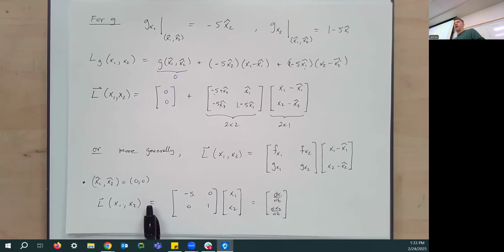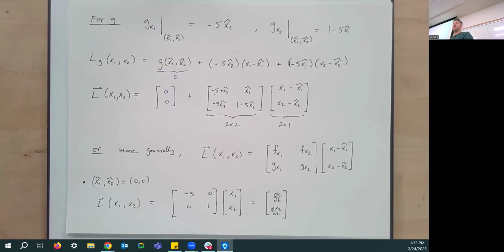But we know how the solutions to a system like this work. In fact, this one's super easy because you already know the eigenvalues. This is the easiest case ever because we have a zero in both off-diagonal spots, meaning the eigenvalues are -5 and 1, and the eigenvectors are 1, 0 and 0, 1. You can find them super easily.